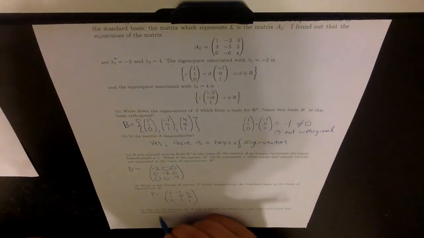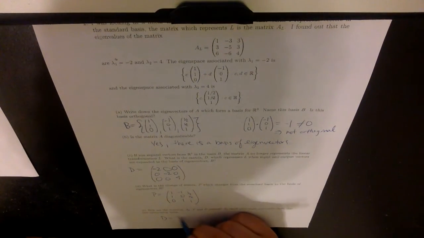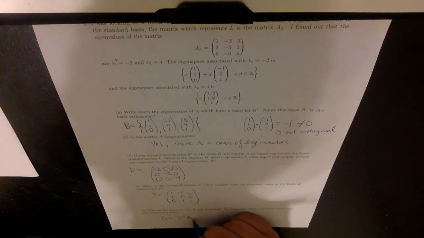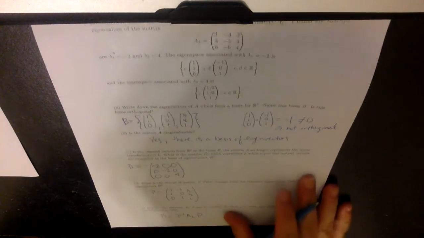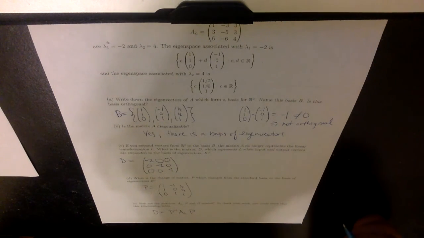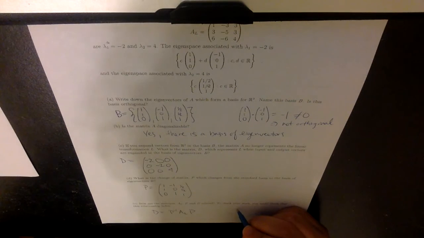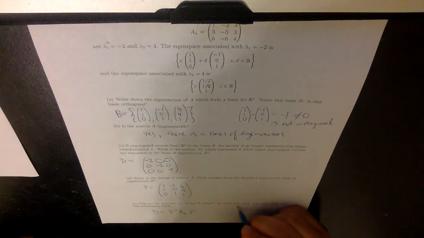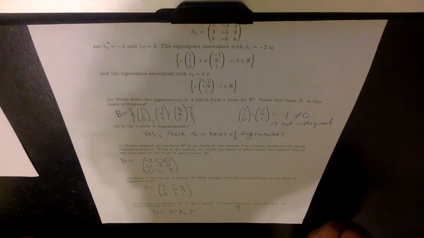And then finally, we know from class that D is P inverse A sub L P. Okay, so why does this make sense? Notice D represents our linear transformation in the basis of eigenvectors. We already called that basis B, so we'll have B and we'll have the standard basis.